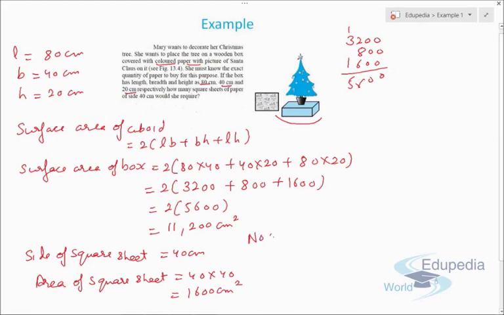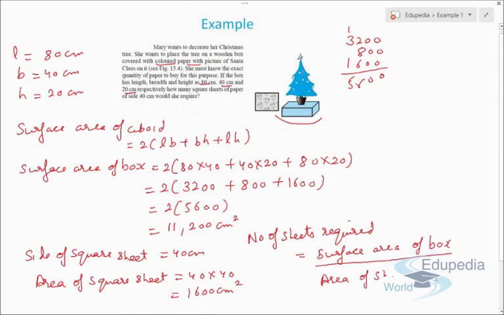So number of sheets required will be equal to surface area of box divided by area of sheet, right?